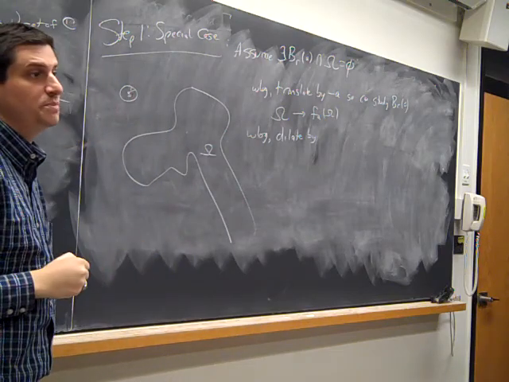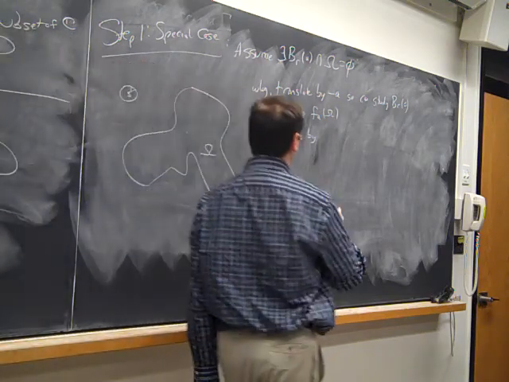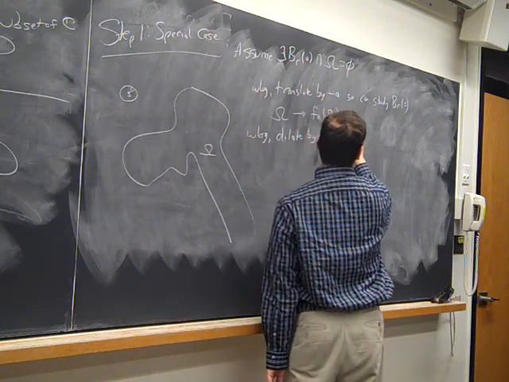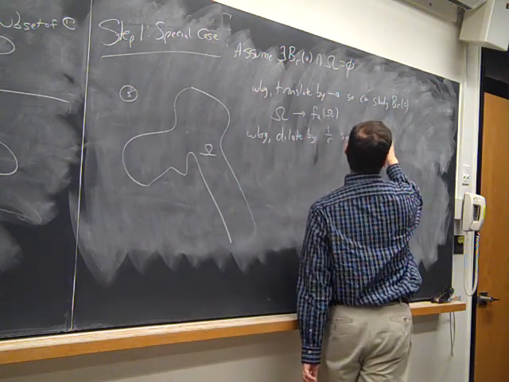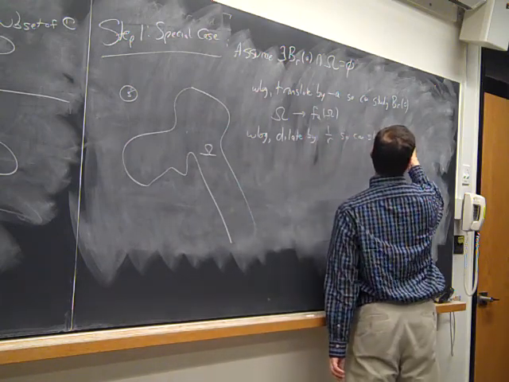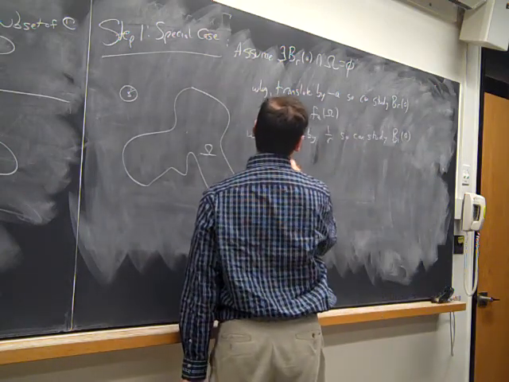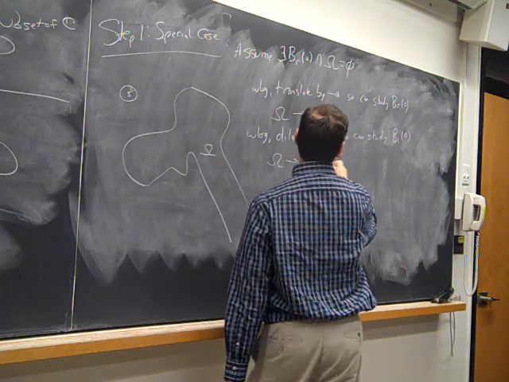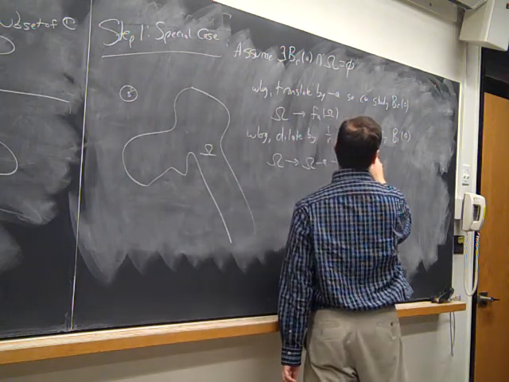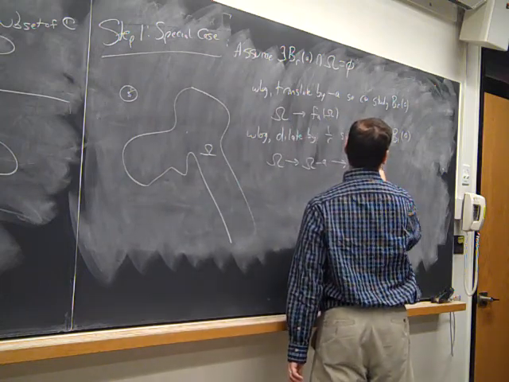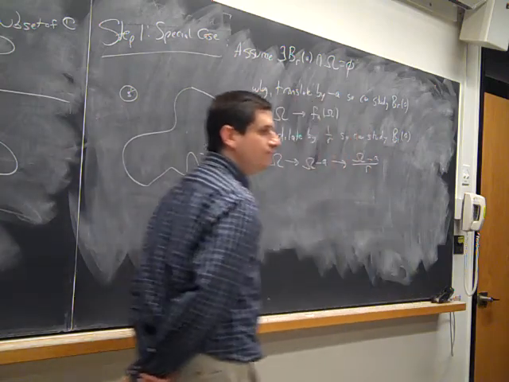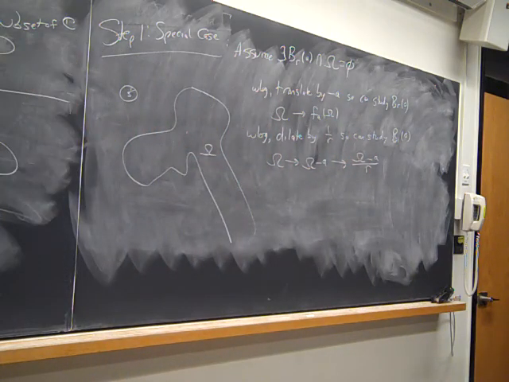I dilate by 1 over r, and study the ball of radius 1 about the origin. And so now we sent omega to omega minus A, and now we send it to omega minus A divided by r. So those are very simple maps. Those maps are onto the image, those maps are one-to-one, nothing to worry about. So we've just standardized the problem.